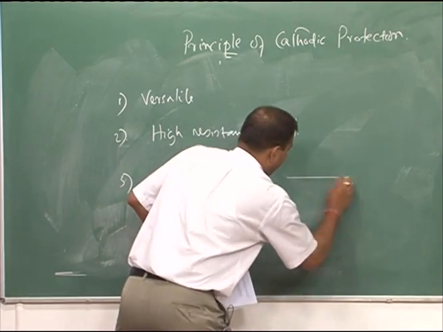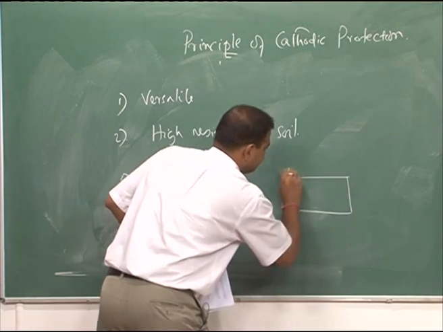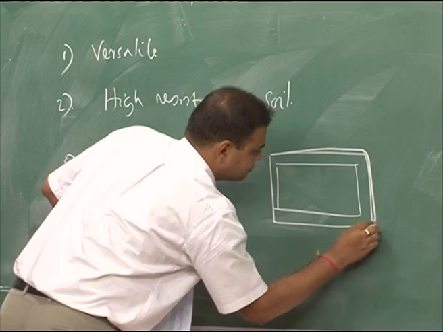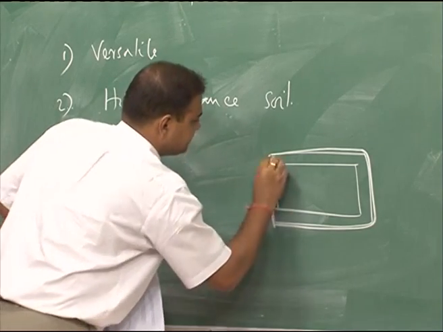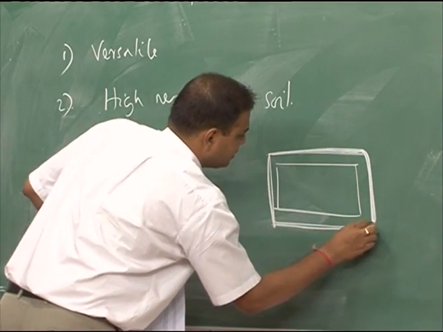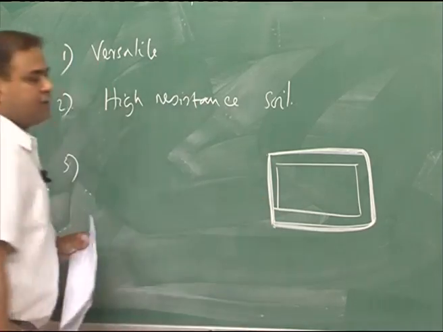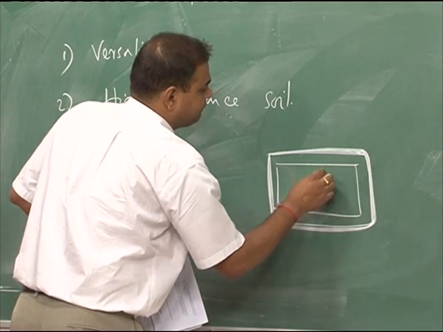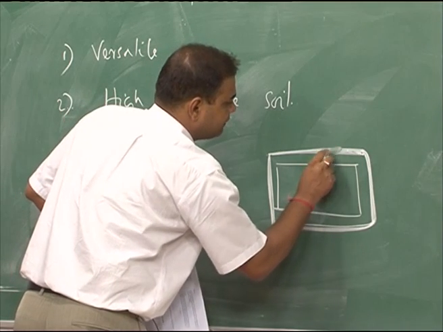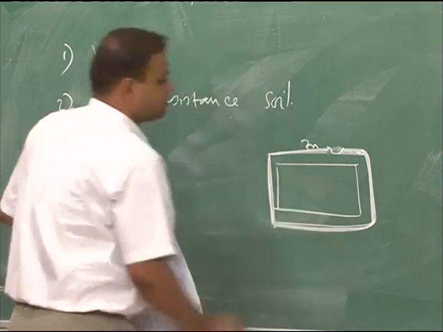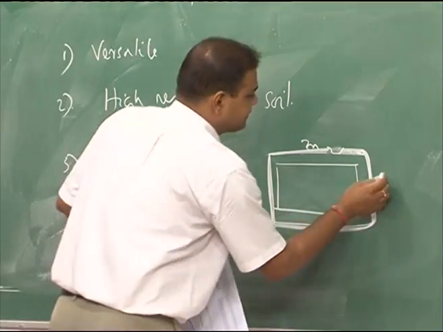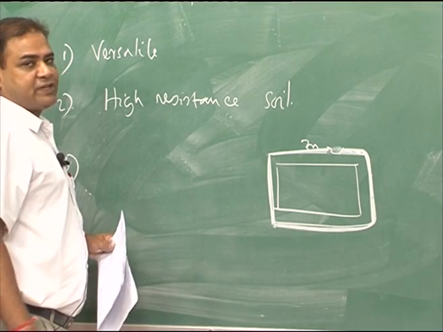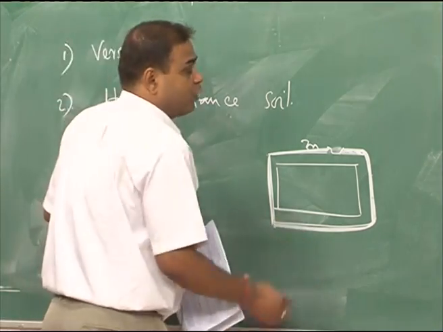Now, third is, let us say I have steel tank and on top of that we have a small coating, let us say paint, non-conducting coating, fine, or let us say I have zinc coating. There if we employ this ICCP, the current value which will be needed to protect this would be very small.